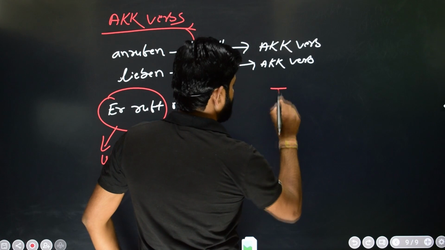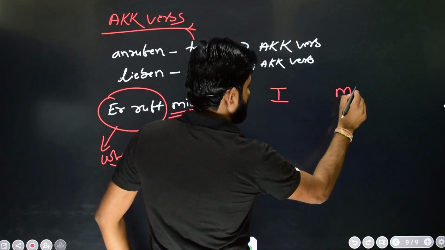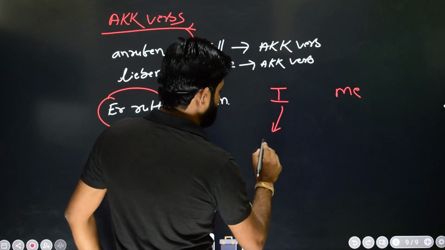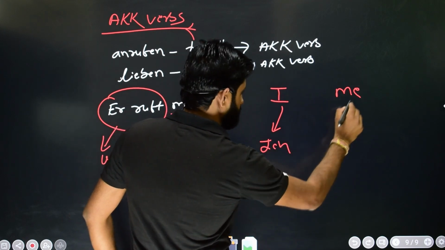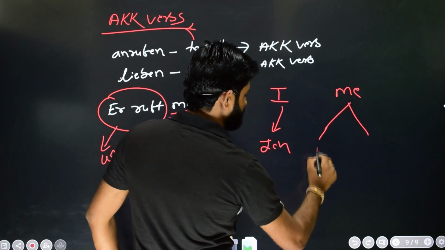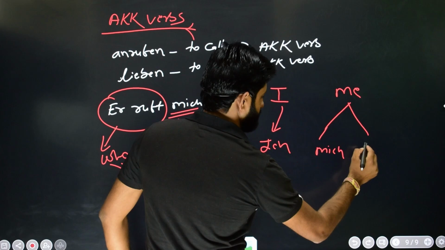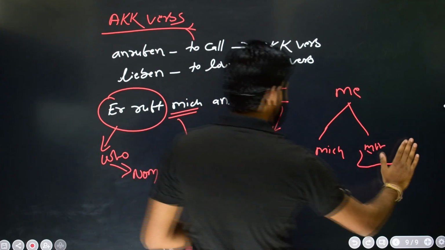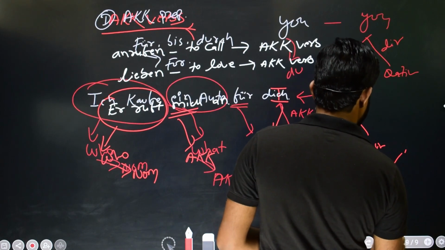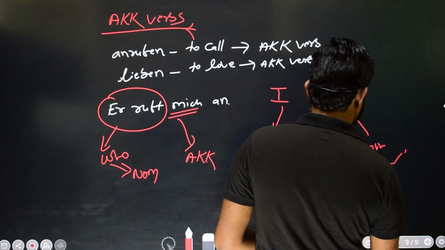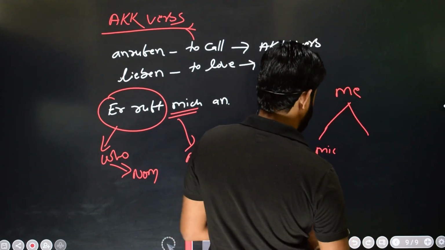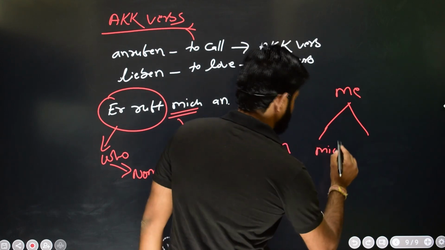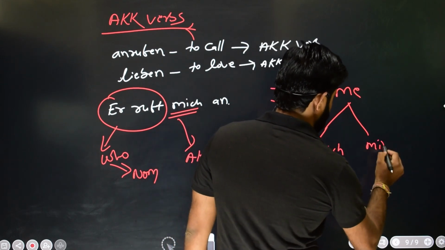So in English we have I and me. In German I will be ich, but me will be divided into two parts. The first one is mich and the second one is mir. Mich is accusative and mir is dative.